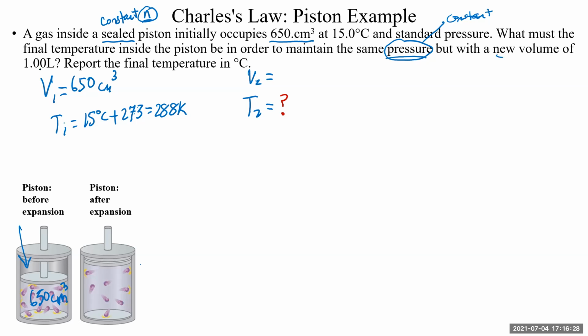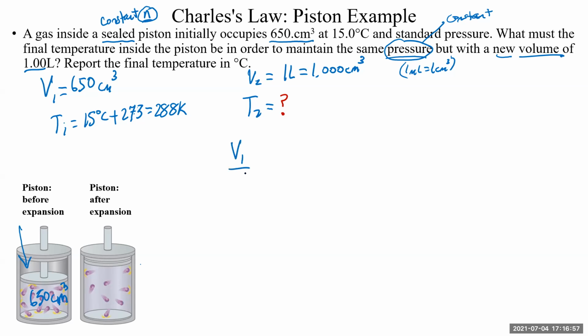With a new volume of 1 liter. How much is 1 liter in cubic centimeters? Remember, 1 liter is 1,000 milliliters, and 1 milliliter equals 1 cubic centimeter. Or if you didn't know, you know now, right? So we're going to solve for T2.